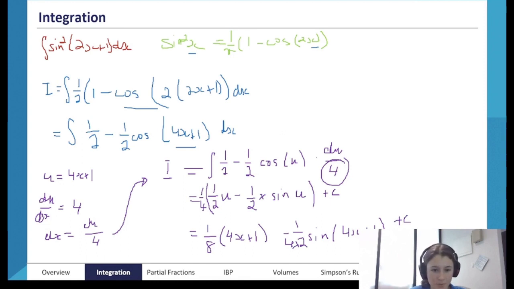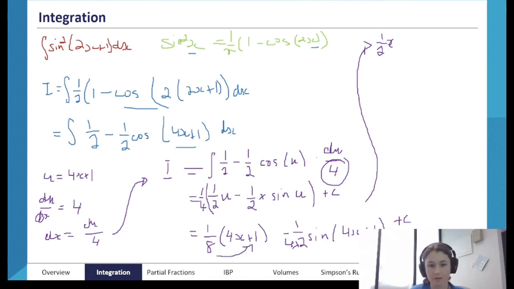So this is of course going to leave us with 4 on 8, which is a half x. We're then going to have a constant because we're going to have an 8 times 1.